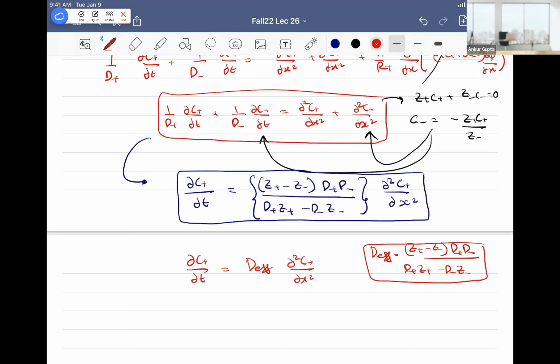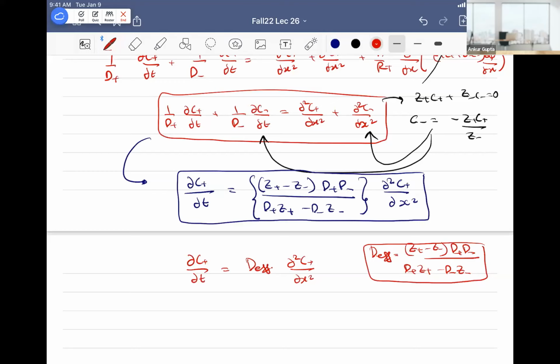Isn't it amazing? So you get an unsteady diffusion equation for C+, and you know how to solve steady diffusion equations. So in the bulk transport, we have essentially first eliminated φ using electroneutrality. Then we again use electroneutrality to get an equation in terms of C+. And the difference is now my diffusivity for the plus ion is not just its own diffusivity. It's actually the diffusivity of the plus ion and the negative ion combined, and also weighted by their valences.